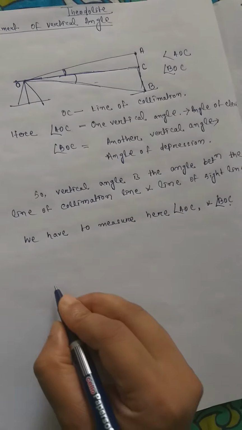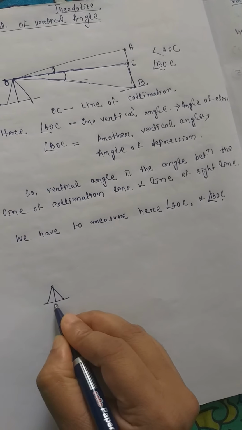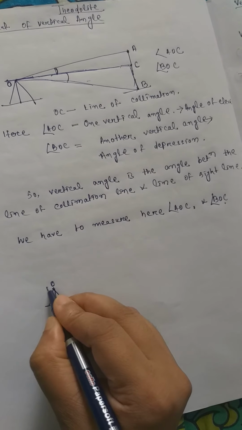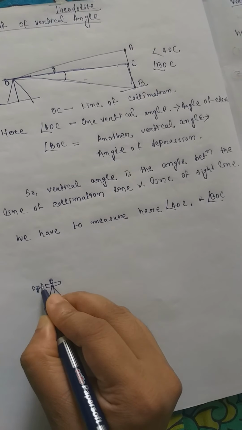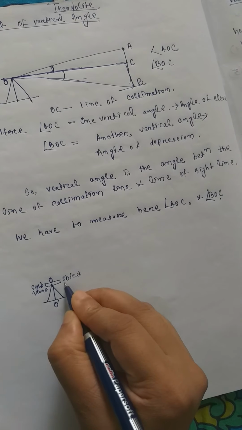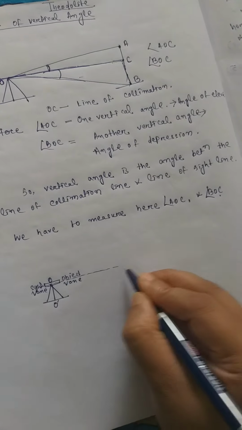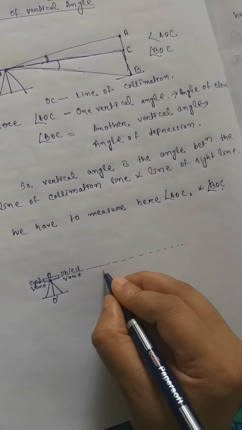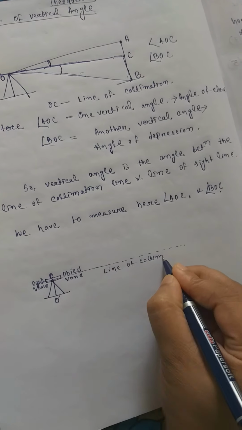First we have to set up the theodolite at station O. Here this is the telescope, this is called the sight vane, this is called the object vane, and the line that passes through the sight vane and object vane, which is purely horizontal, is also known as the line of collimation.